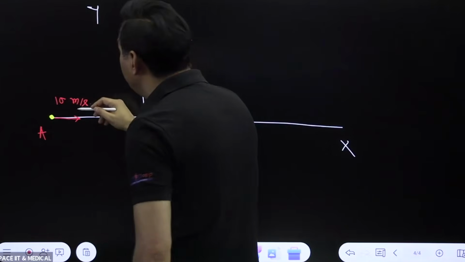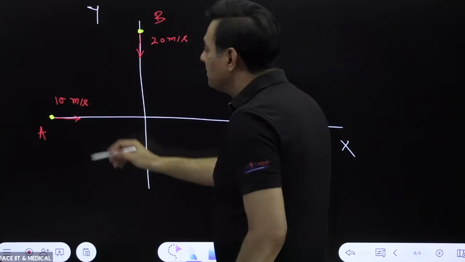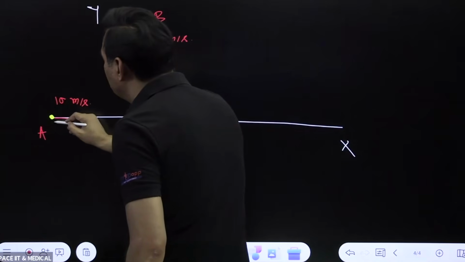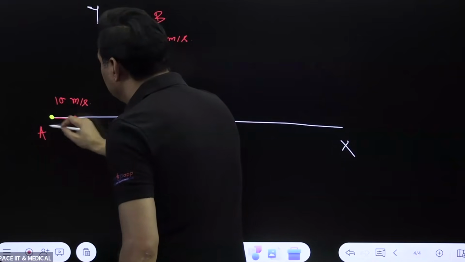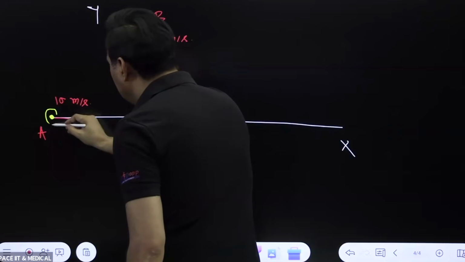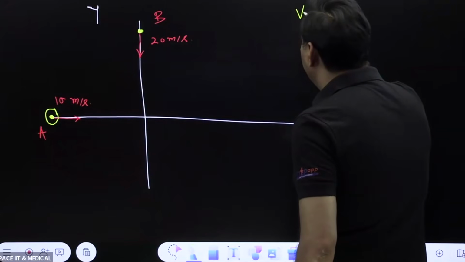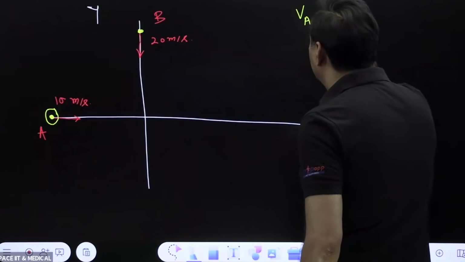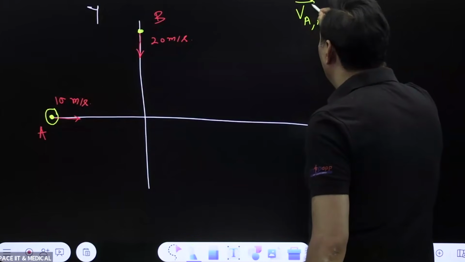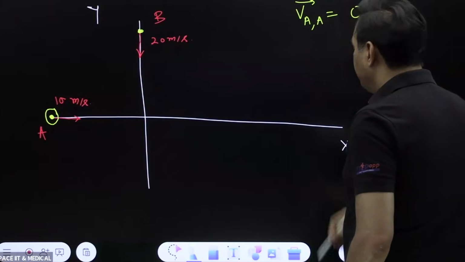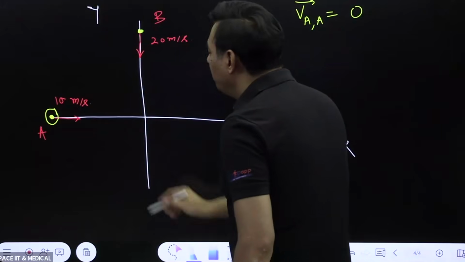So let's make one of them the observer. Suppose I make him the observer, A. This is the observer. So velocity of A as observed by A will be what? 0.